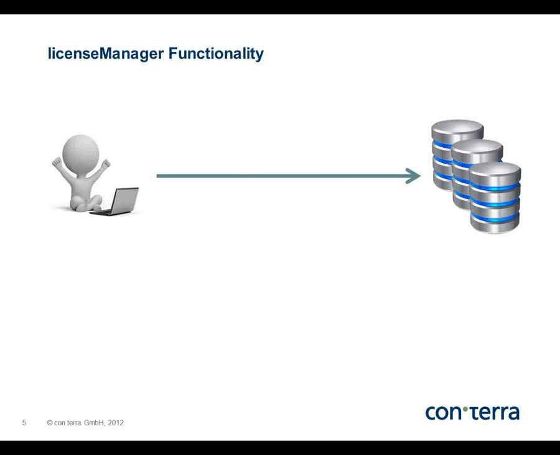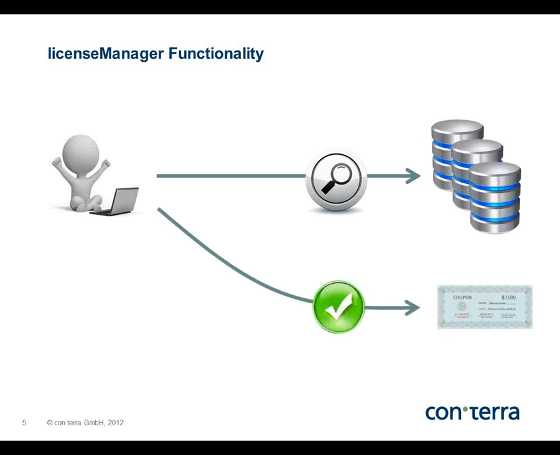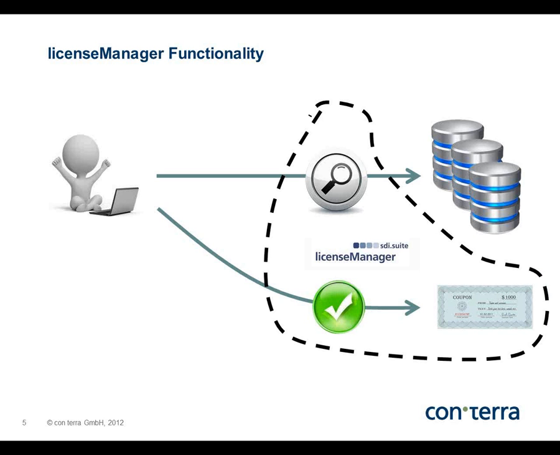Well, talking about the functionality, on the right-hand side, these should be services or resources, and on the left-hand side, this is the happy user. And in a world which doesn't use licensing, you just access these services directly. And with License Manager, first you can impose some kind of control. You check whether users are allowed to use these services, check whether the license is present, and of course you also have to provide certain ways of getting a license, and these are the aspects which are covered by License Manager.